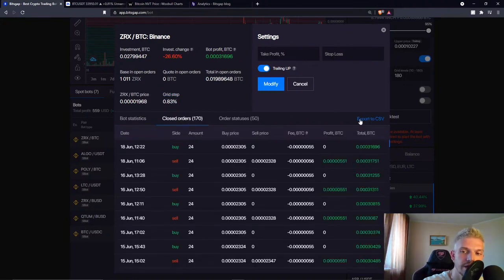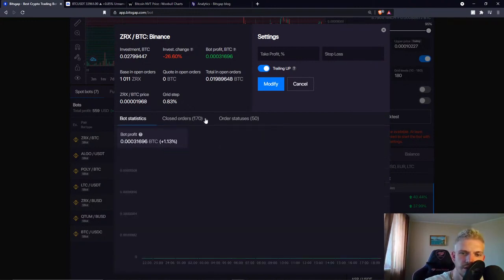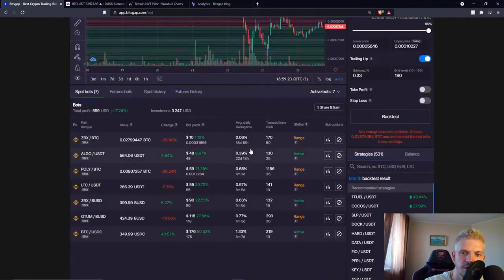So you can actually export it to CSV format and further analyze the data in an Excel file, where you can, for example, calculate the average return. Actually, the average return is the thing that you can see here, the average daily return.